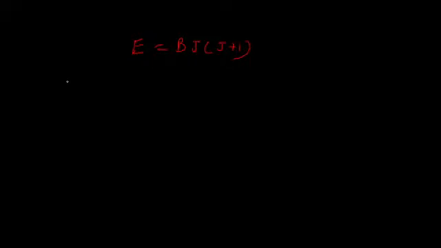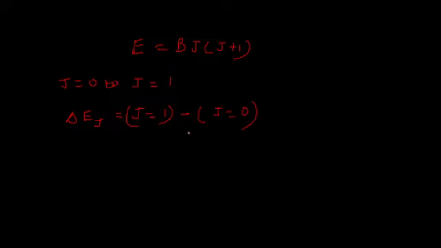In the first excitation, first transition, J equal to 0 to J equal to 1, we have to find out delta E, which is equal to J equal to 1 minus, higher energy level to the lower energy, that is J equal to 0. Okay, we put this value in this equation, that is delta E, we have to put the value of J equal to 1 into this equation number 1. Then what happened? It is equal to B into 1 into 1 plus 1.